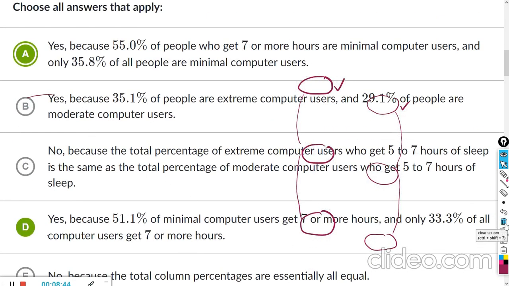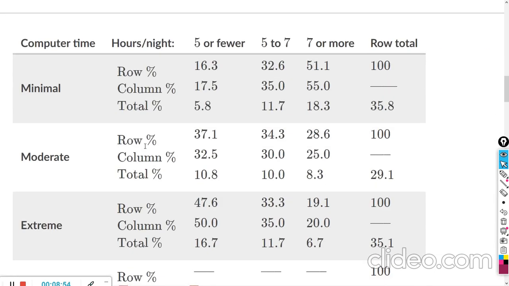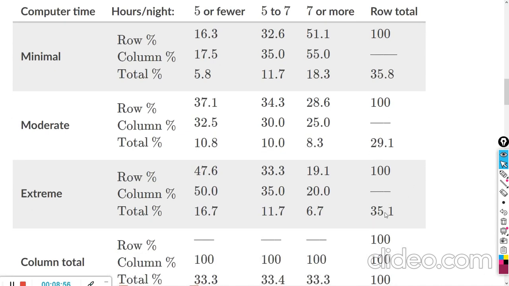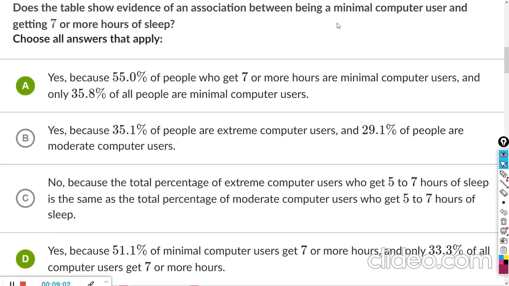And then finally, answer B, 35.1% of people are extreme computer users and 29.1% are moderate. Okay, yes, those are true statements, but that doesn't show any association between being minimal computer users and 7 or more hours sleep.